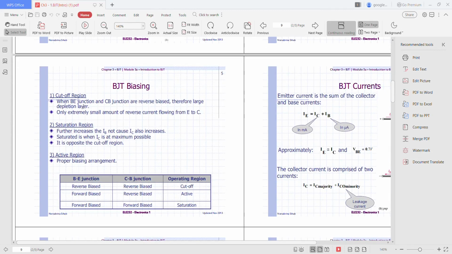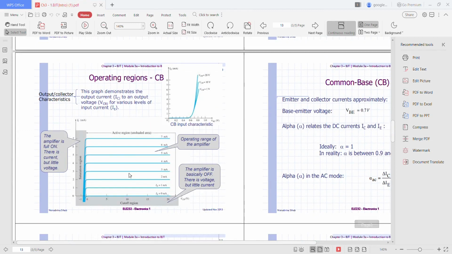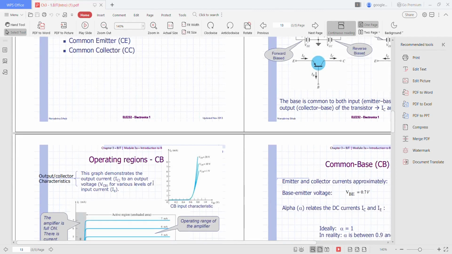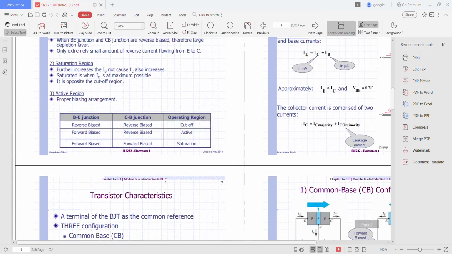We will look at this condition when we reach the operating region over here. I will explain in much more detail when we add this slide.